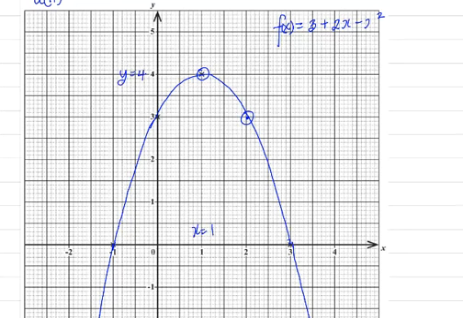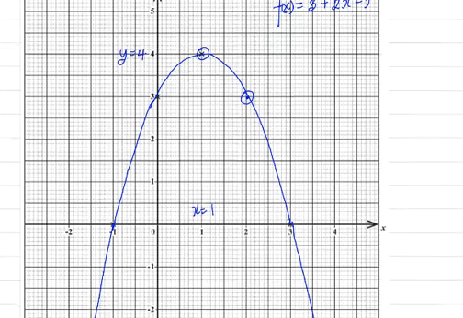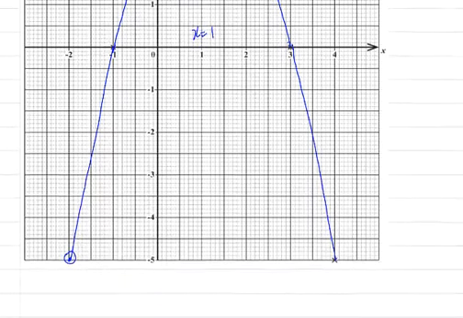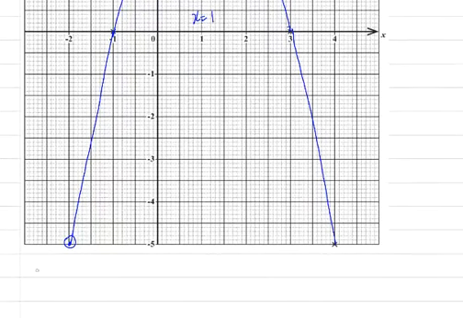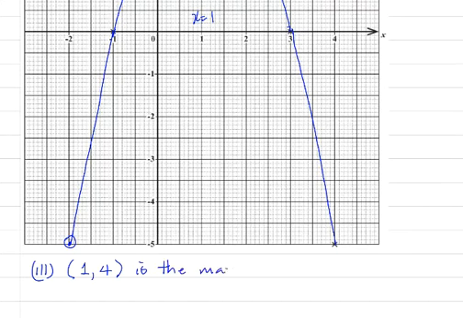So (1, 4) is the maximum turning point. So I can answer triple I and say that (1, 4) is the maximum turning point. All right, so that's 1.